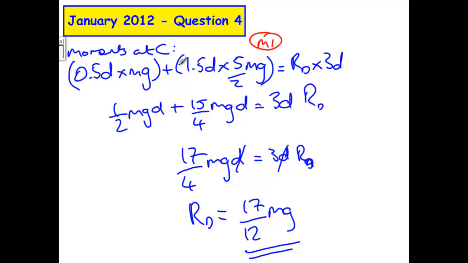Taking them about C allows you to do it all with 1 equation. And if you get the equation fully correct, that is also 2 accuracy marks. Knowing to rearrange and solve this to find this value of RD, you get 1 method mark for solving it and a final accuracy mark for getting this correct answer, which gives you a total of 5 marks for that part B.